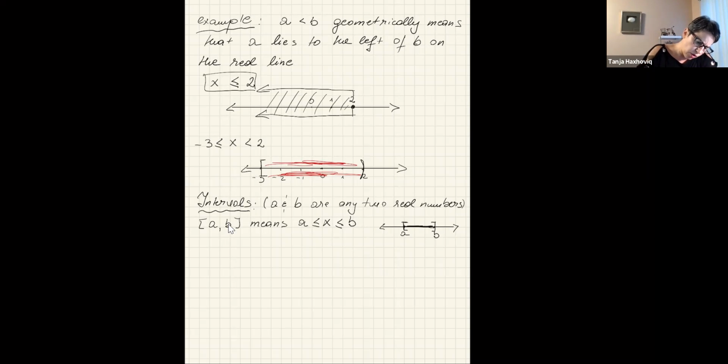Okay, so what does the open interval A, B mean?